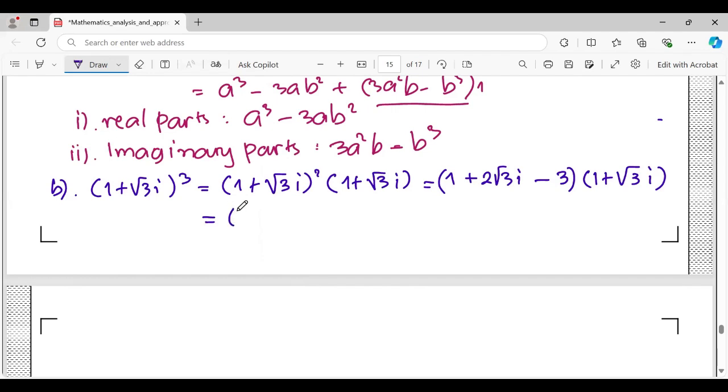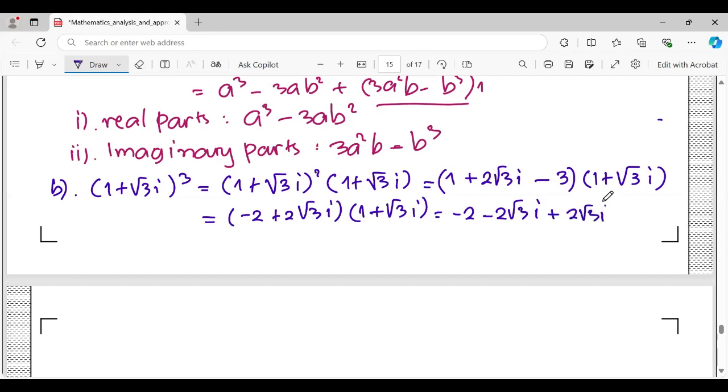So it will be (minus 2 plus 2 square root 3 i) times (1 plus square root 3 i). It becomes multiply minus 2: minus 2, minus 2 square root 3 i, then plus 2 square root 3 i, plus 2 times minus 3, which is minus 6.